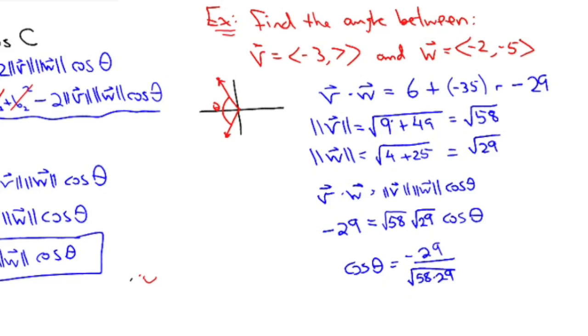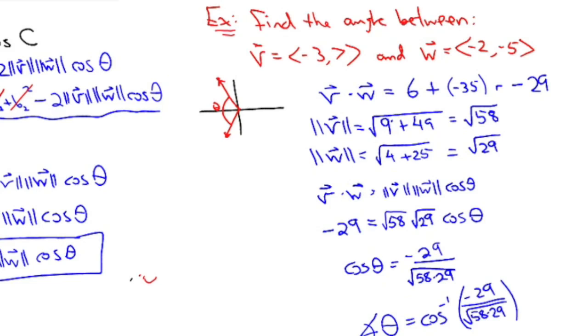Okay, how do I get cosine away? Cosine inverse. So the measure of angle theta is going to equal cosine inverse of negative 29 divided by the square root of 58 times 29.